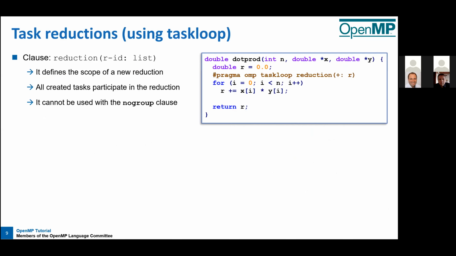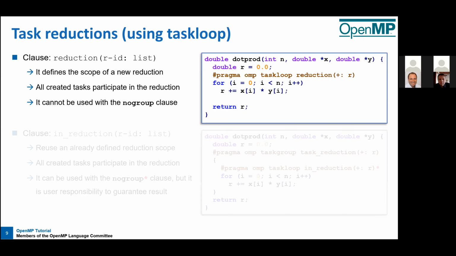All right, and then task reductions. Christian already kind of explained it. Where work sharing had a reduction clause, taskloop has that too. You can either have reduction here to create a new OpenMP task reduction that is just for this taskloop, and it would then do the magic to sum up individual contributions by the individual tasks and form a global result.